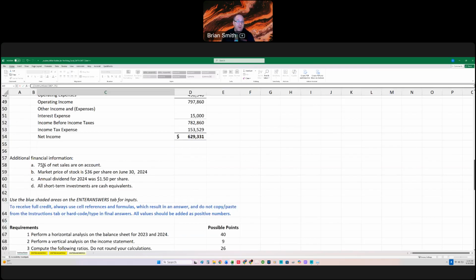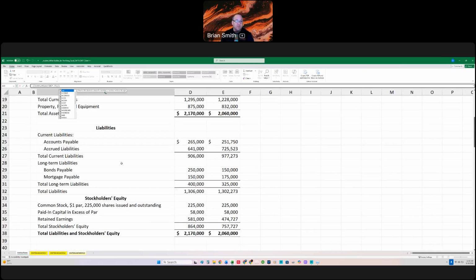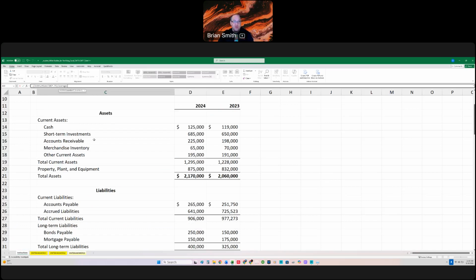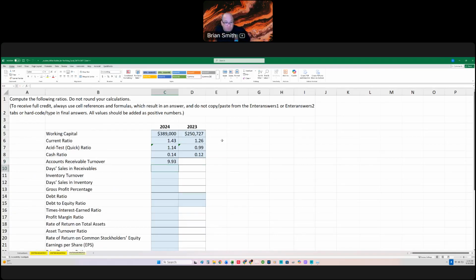And then I'm going to divide that by average, open parentheses, accounts receivable. I'm going to select both cell D16 and E16 on the instructions tab and close the parentheses. That should be 9.93.